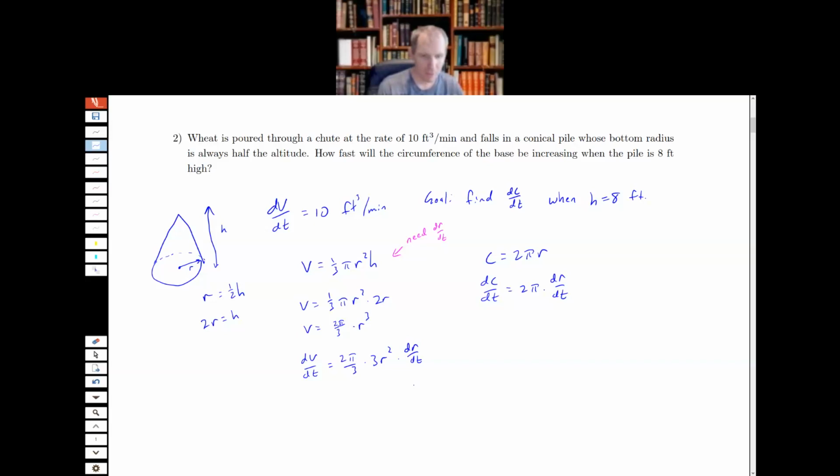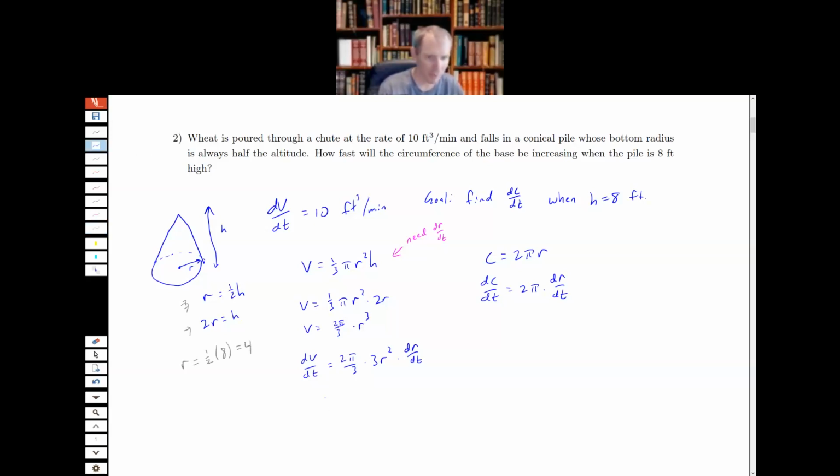Now to solve for dr/dt, I need to plug in r and dV/dt. I do have dV/dt, but I don't have r. I have h, so I come back over here and use this one. I need to find r when h is 8. So r is 1/2 times 8, or 4.